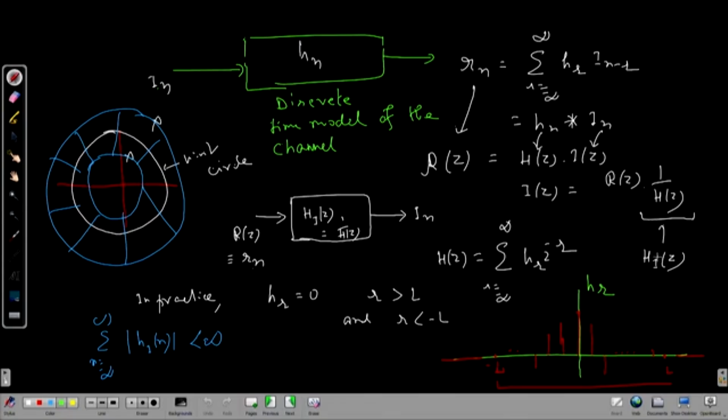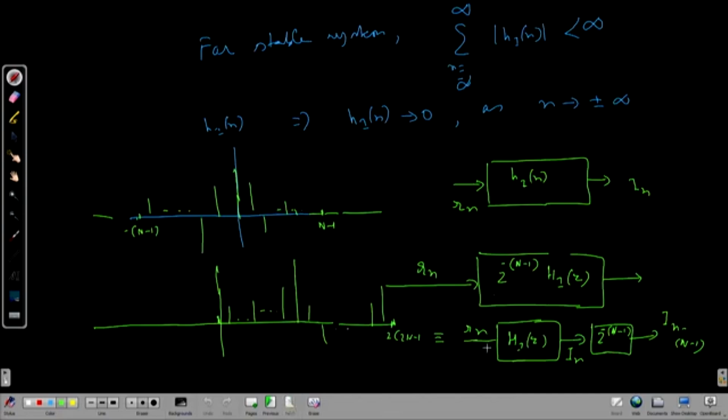Therefore, this overall filter is not known, and we have to use an adaptive filter technique. That leads to what is called adaptive equalizers.